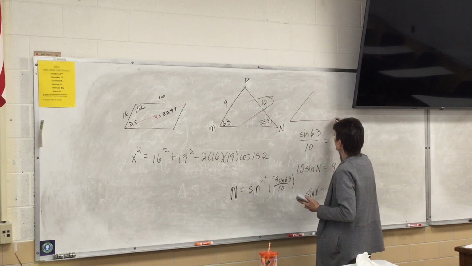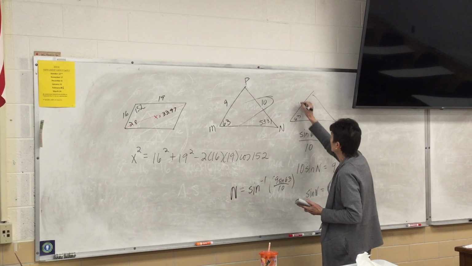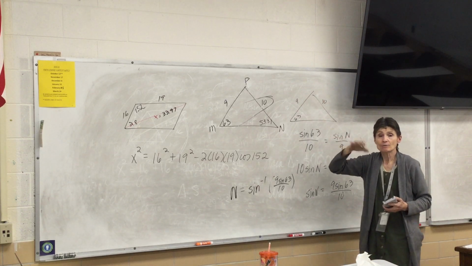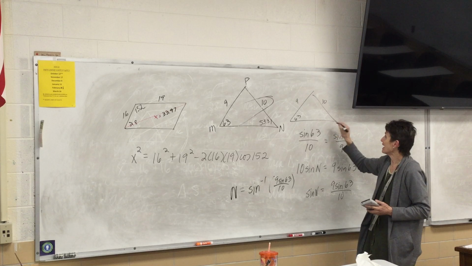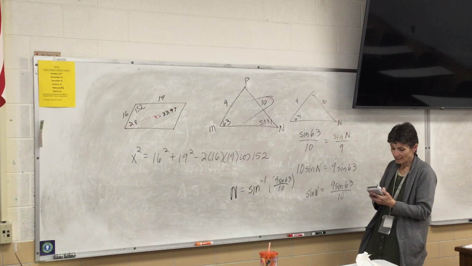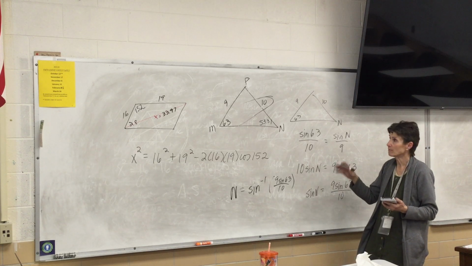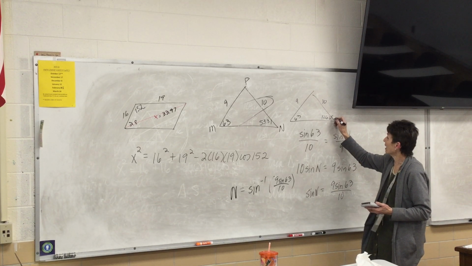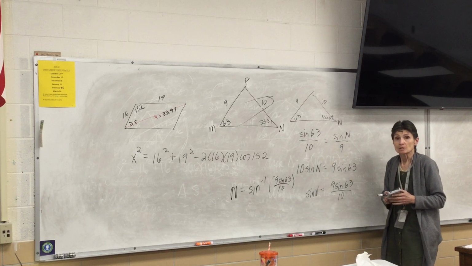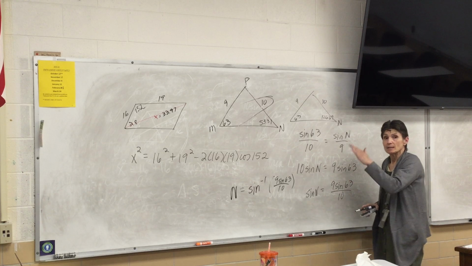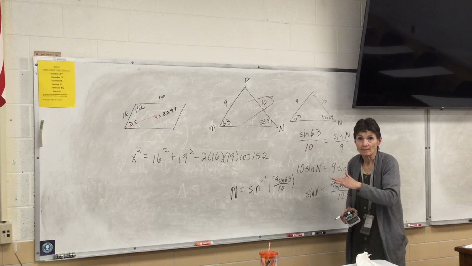So now I'm going to double check, is there another one? If there is another triangle, the new angle n is 180 minus the first one. So 126.69. Once you get your first angle, you check to see if there's a second one.